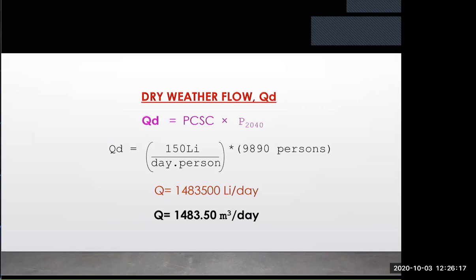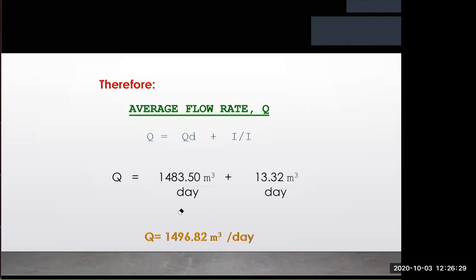And then after your dry weather flow, you also determine the infiltration. Okay. So, you also determine your average flow rate. Your average flow rate is equal to your dry weather flow, this one, and then add your infiltration.